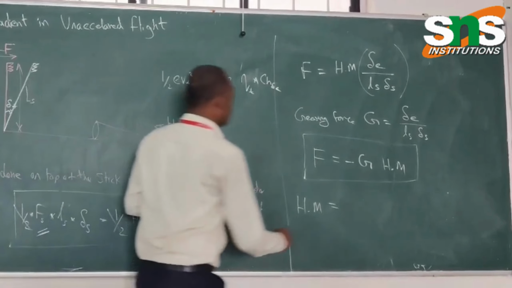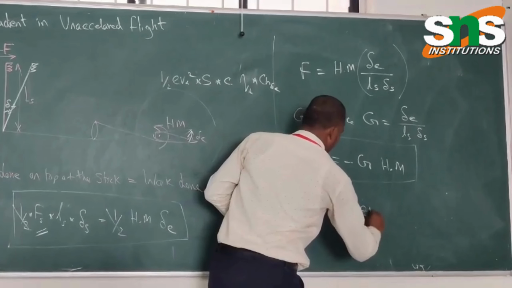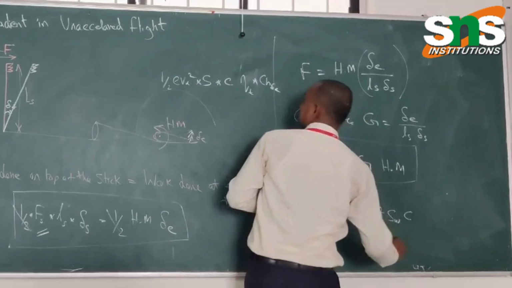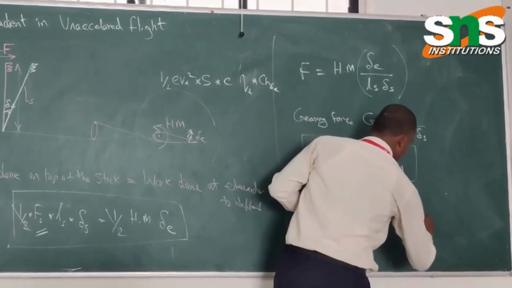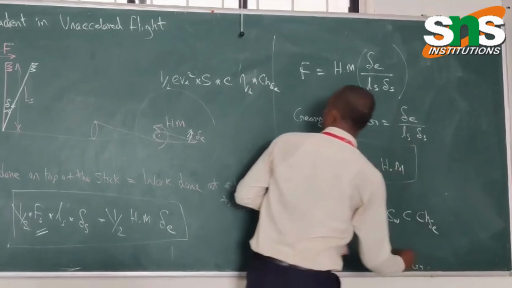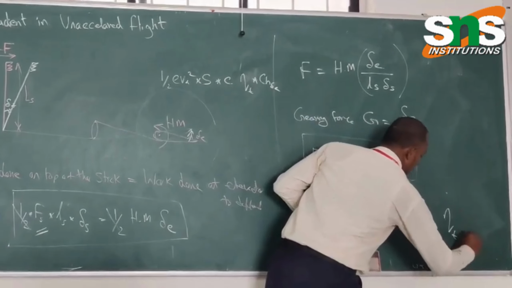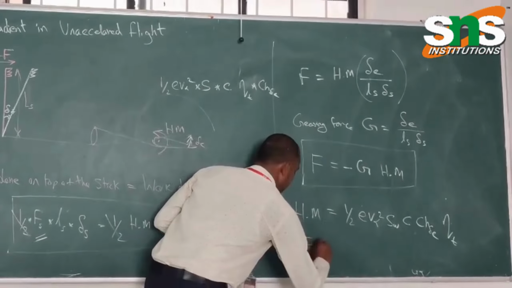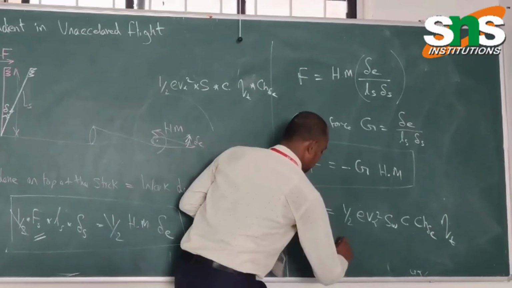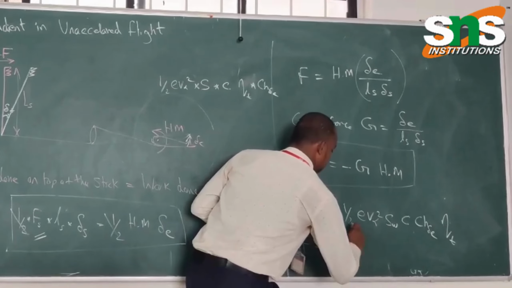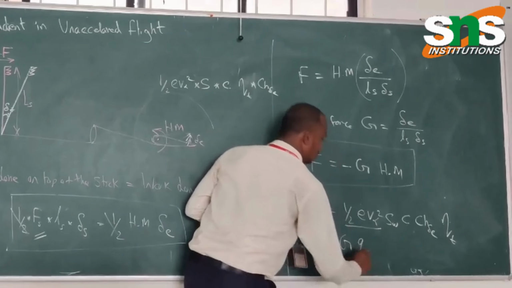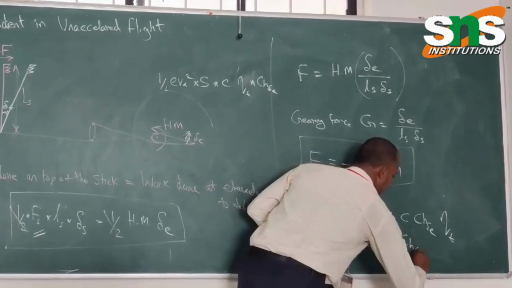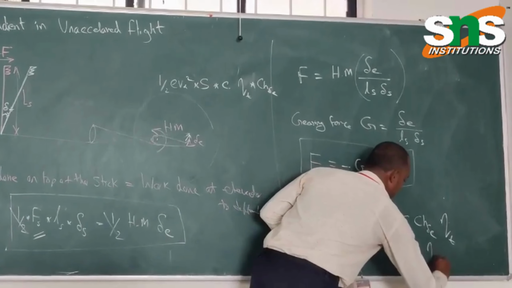So we can rewrite this as half rho V squared S_W c, C_H delta, into tail efficiency. Now the force equation will be minus G, Q, S_W, c, C_H delta, into tail efficiency.